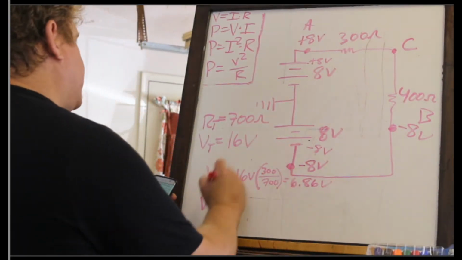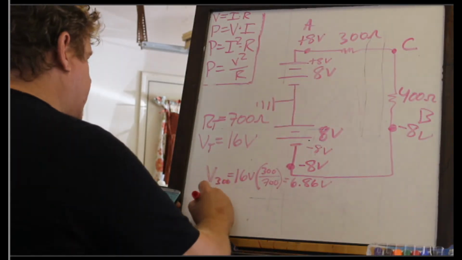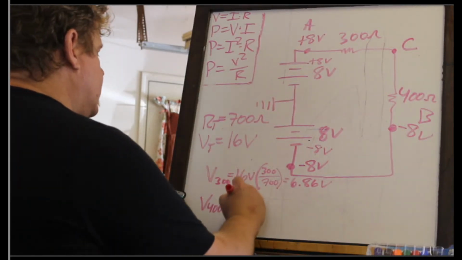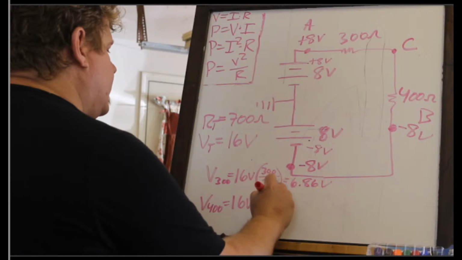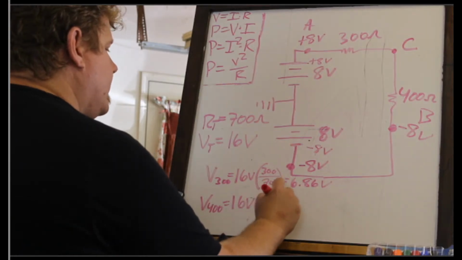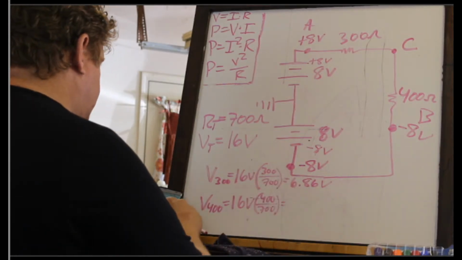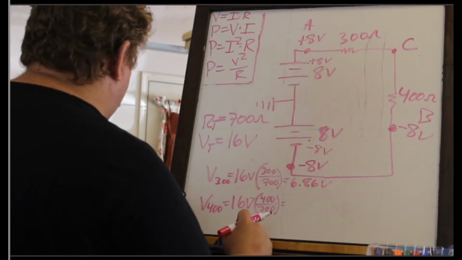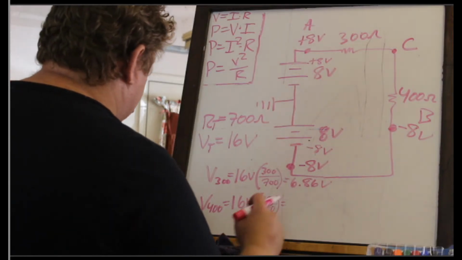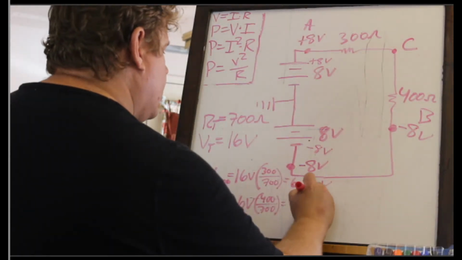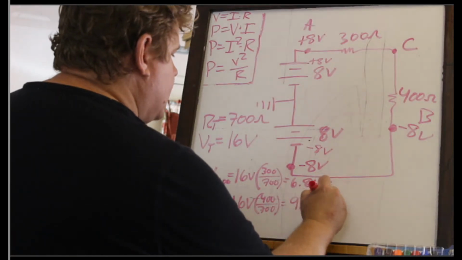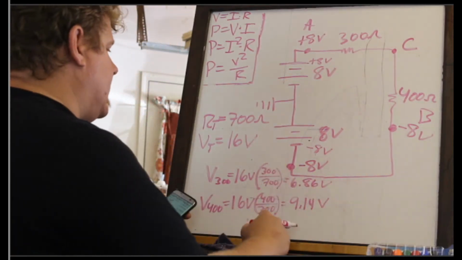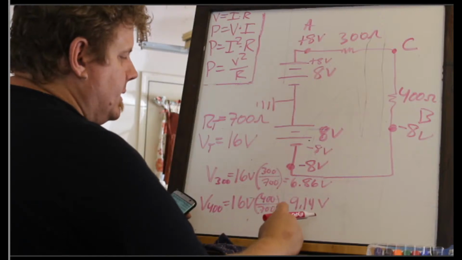Okay, I'm also going to find this other one. So the voltage of the 400, so 16 volts times 400 over 700. I get 9.14. Okay. And it looks like that adds up to 16. 6 plus 9 is 15. 86 plus 14 is 100.